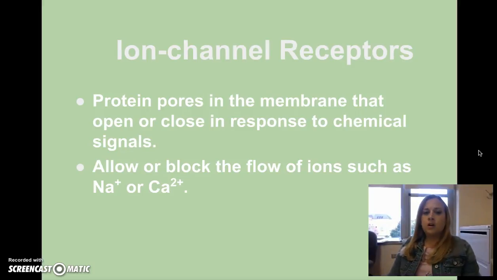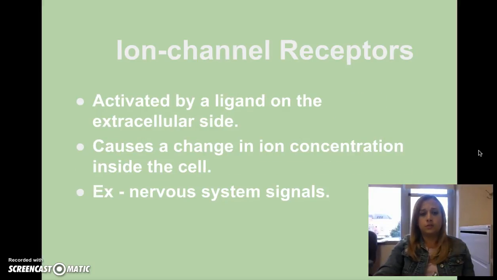The next thing we're going to talk about are ion channel receptors, and these are protein pores in the membrane that open or close in response to chemical signals, and they either allow in or block out the flow of ions, like sodium or calcium, which are two really good examples. Again, they're activated by a ligand on the extracellular side.